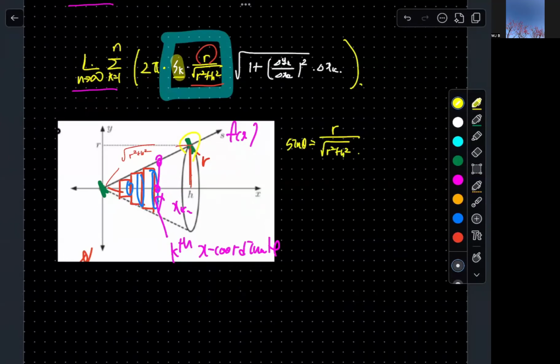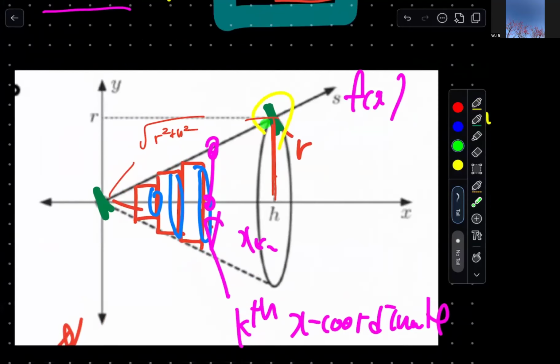That's sine theta. But now, using the similarity, look at this. This is a large triangle, but now I'm going to go to a smaller triangle. The ratio must be the same. If I call it the kth coordinate and put it onto the function, that would be f of xk, and this will be the kth arc length.